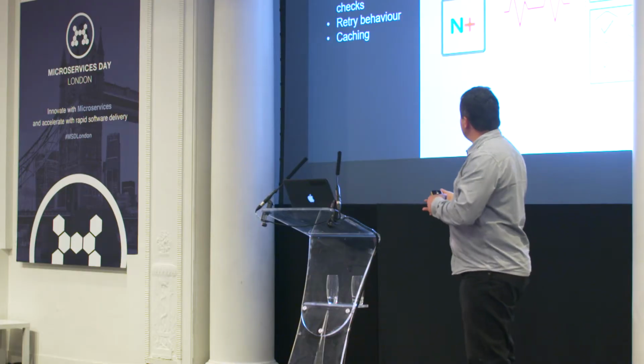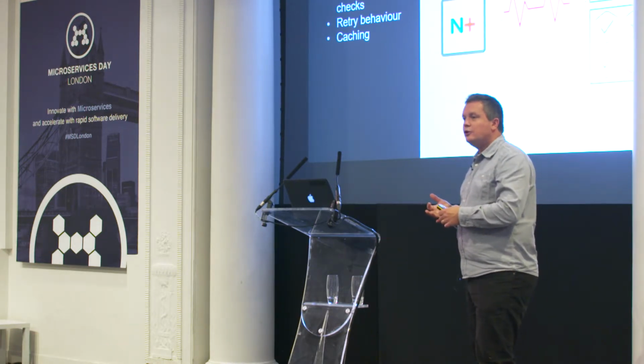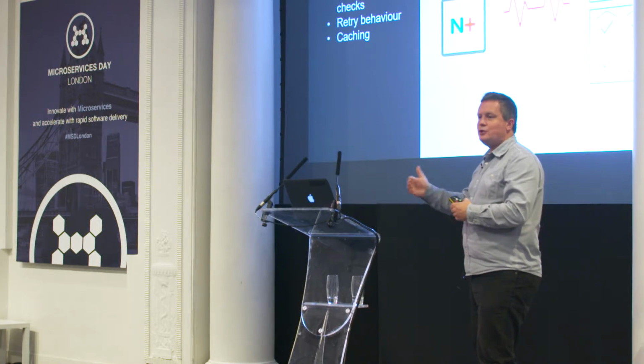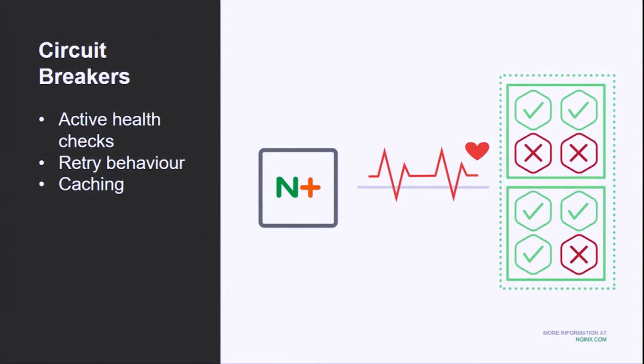By embedding the load balancer directly within the application, it gives you more control over how different services communicate with each other. And it allows you to implement some more advanced patterns, things like a circuit breaker pattern. One of the challenges that you'll find with a microservice application is that if one particular microservice fails, and they are prone to, microservices tend to be less reliable and less robust than monoliths.